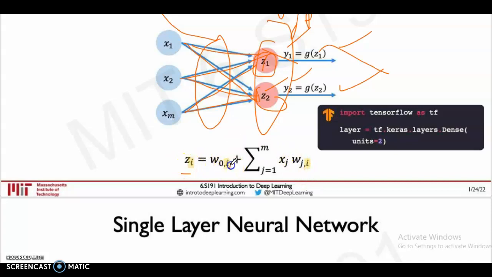Zi equals w naught comma i plus the summation of j equal to 1 to m of xj wj comma i.